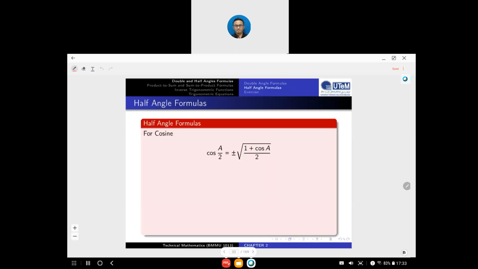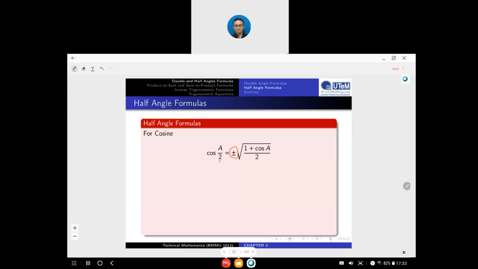So this is the formula for half angle when it involves cos. Cos A over 2 equal to plus minus square root of (1 plus cos A) over 2. Okay, plus minus here depends on which quadrant. Okay, kalau kuadran kedua dia duduk, cos akan jadi negatif. So you must choose the negative one.